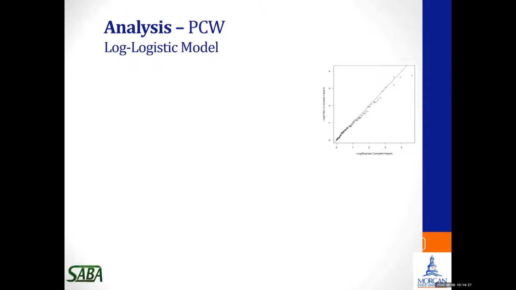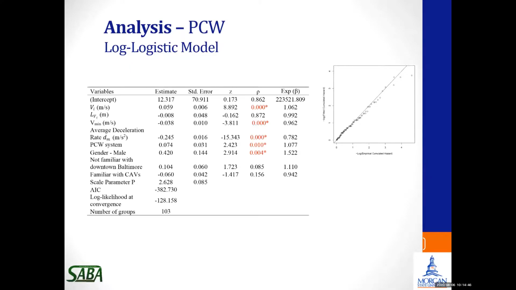To check the goodness of fit for the log logistic model, we plotted the cumulative hazard rate, and as you see, it's about a 45 degree line, so it shows that it's a pretty good model.